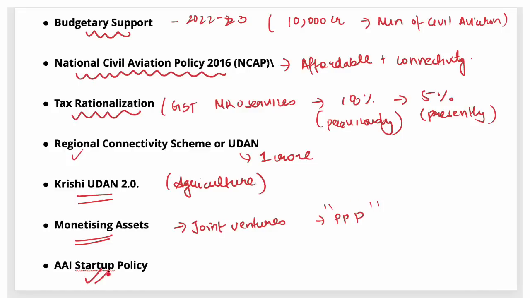Further, the Airport Authority of India has also introduced a startup policy wherein interaction with internal and external stakeholders will take place, which can be used to promote innovations and leverage technology for addressing the challenges related to the delivery of services to passengers.